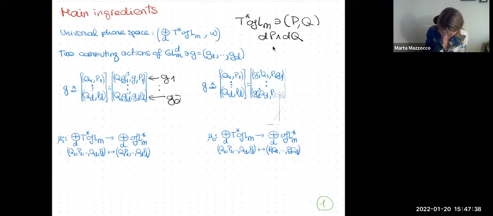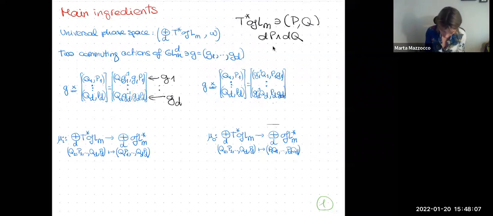And the way I act in the inner case is to map Q to Q multiplied on the left by G and on the right by the inverse of G, and P will be mapped by being multiplied on the left.